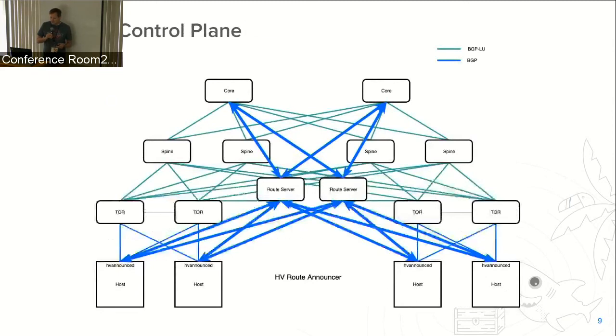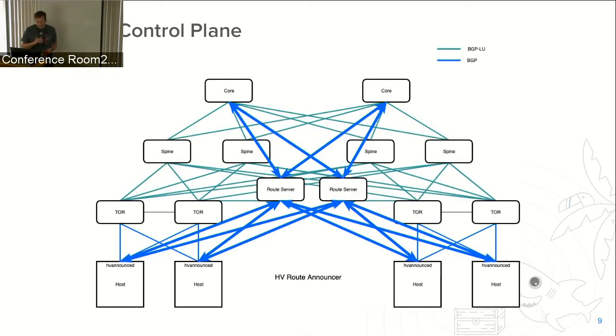This is a little diagram of how we've used BGP to signal all of this in the data center. It may be a little hard to distinguish the blue from the tealish color. But on the underlay, we use BGP-LU. BGP-LU adds an extra NLRI to each hypervisor route, which allows us to signal a label switch path through the data center from the cores down to each host.